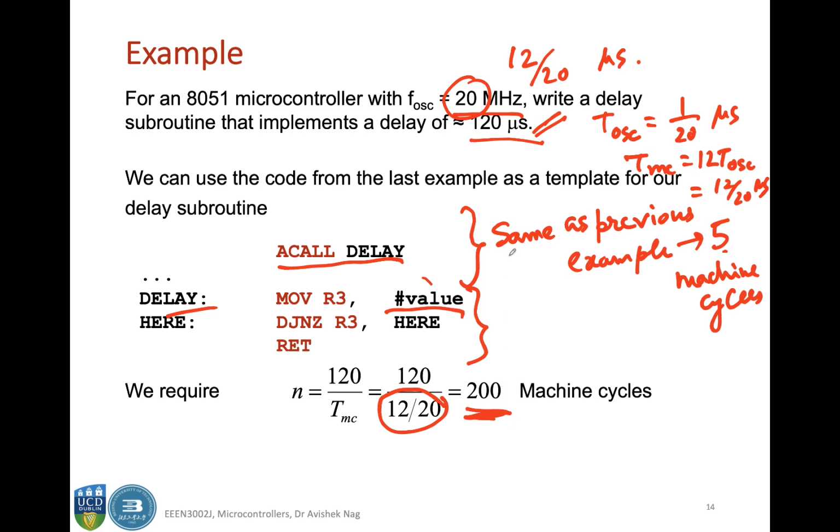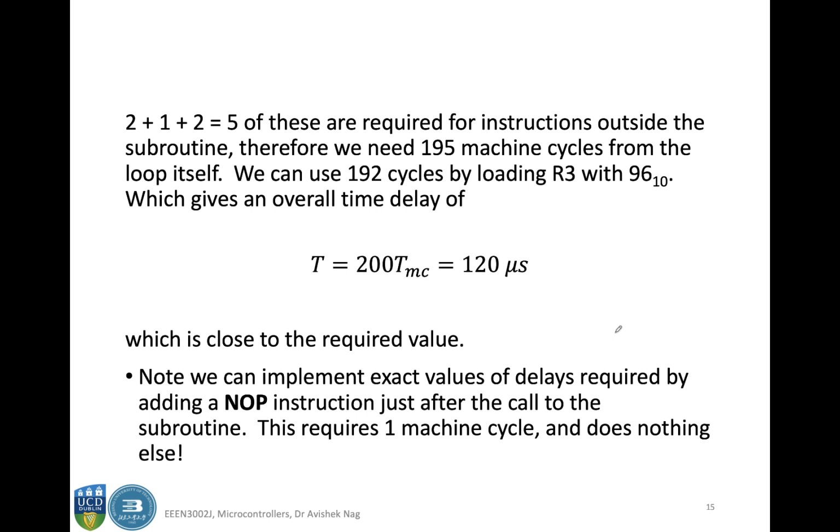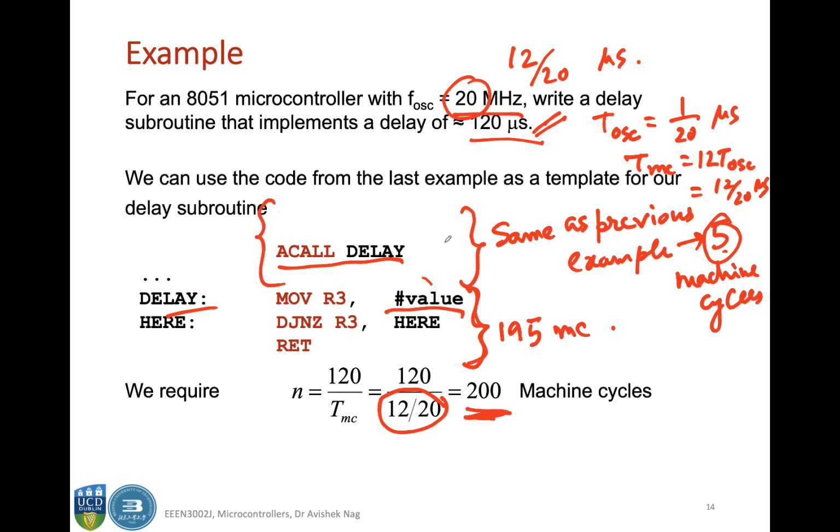So out of this 200, 5 machine cycles are taken off for the first part of the code. So inside this delay subroutine, basically you have to generate 195 machine cycles. So 195 machine cycles you need from the loop itself. Again, out of this 195, 1 will be taken by the MOV and 2 machine cycles will be taken by RET.